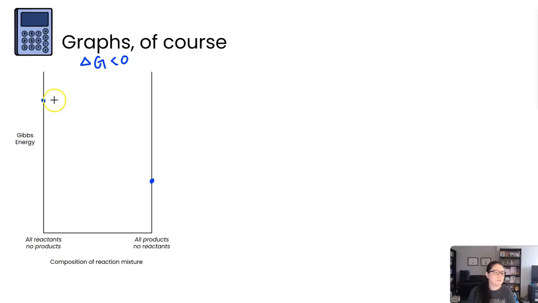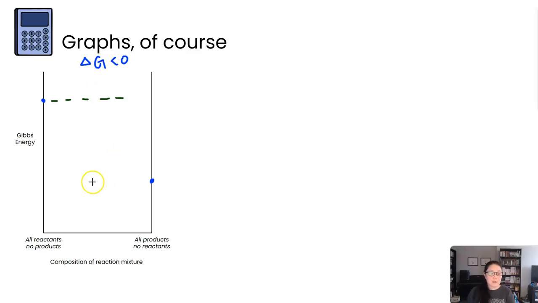For the sake of showing a particular reaction, let's say that this is the amount of Gibbs energy that the system with only reactants in it has, and this is the amount of Gibbs energy that the system with only products has.